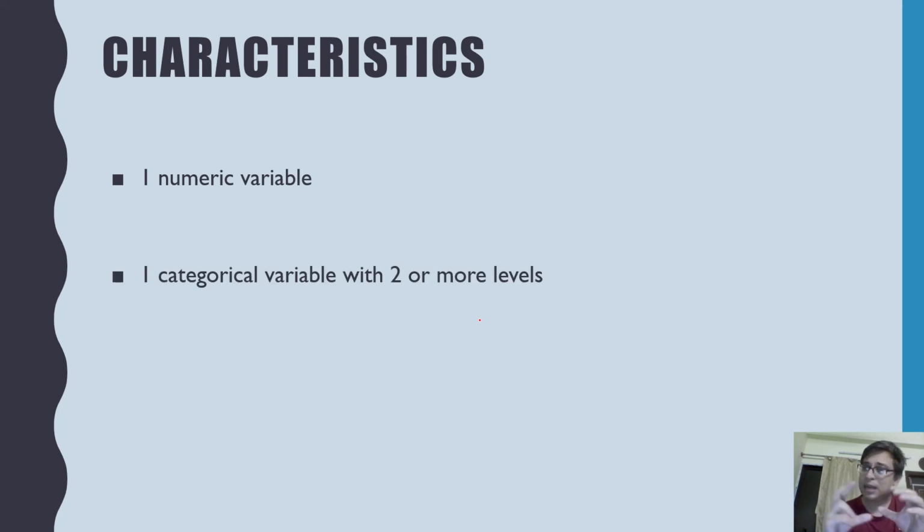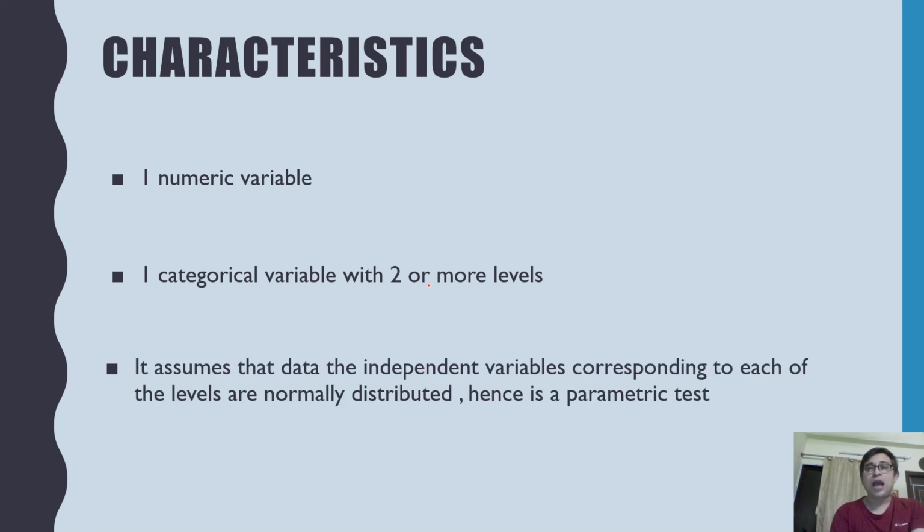Also, another characteristic that I want to tell you is that ANOVA assumes that the data is normally distributed. I hope you remember the normal distribution, which is your standard bell-shaped curve. And as it assumes this, it is called a parametric test.